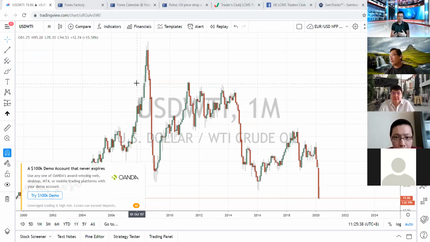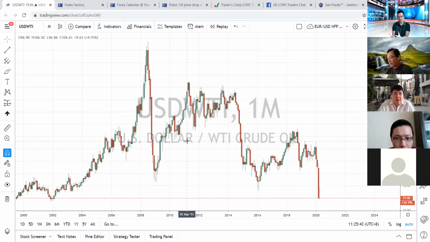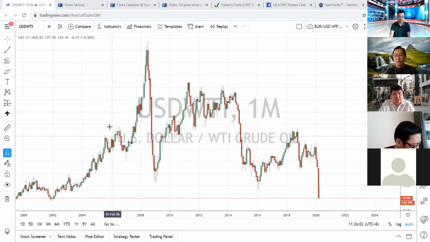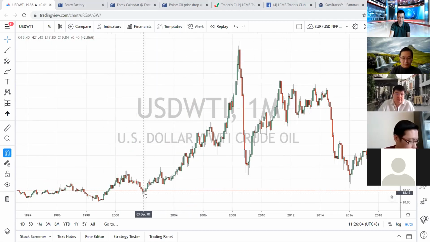Good. So oil, I decided to not use MT4 because we are at historic lows on oil right now. It is at 19.86 level. I needed TradingView to go real far back to show us the last time we hit this price level. If I scroll my chart, the last time we were at this level was in December 2001, right?